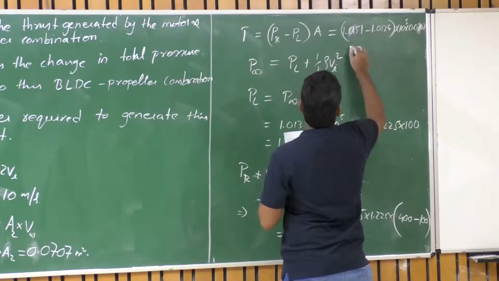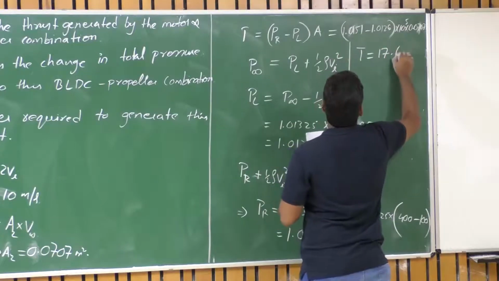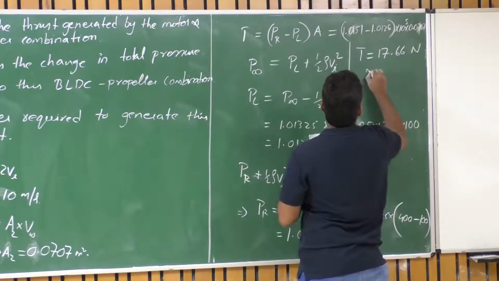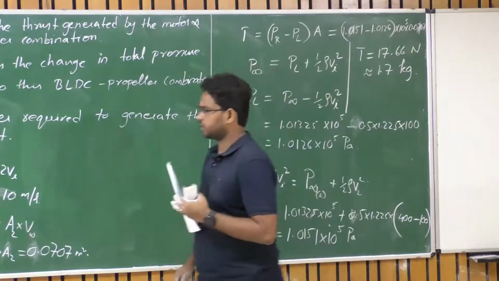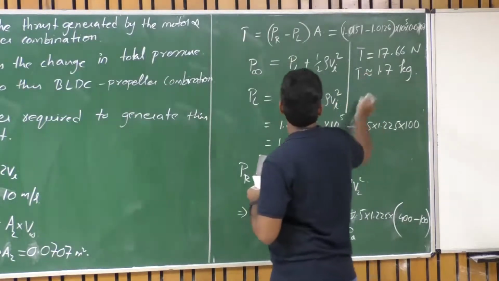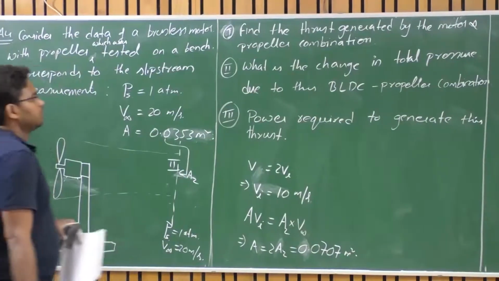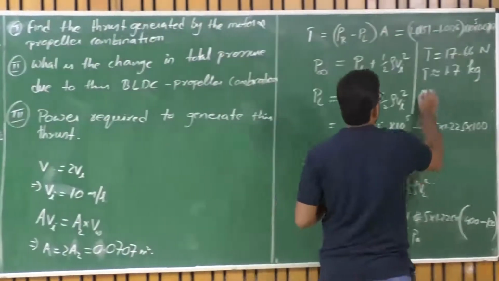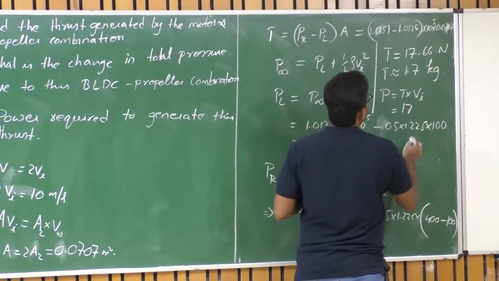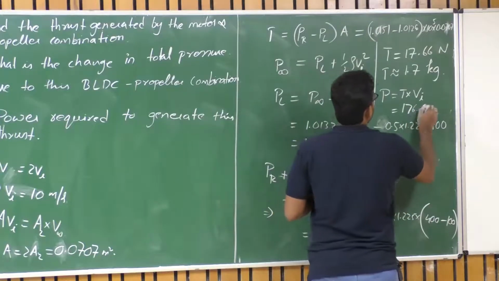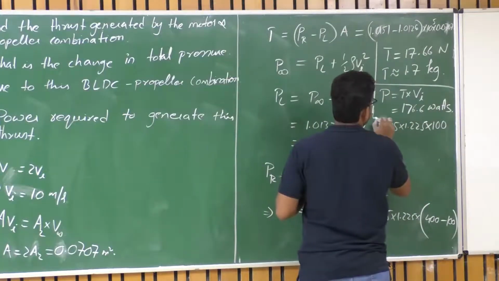So the thrust T is equals to 17.666 newtons, which is close to 1.7 kg. This is the thrust generated by this particular engine. And the corresponding power required is equals to thrust times the velocity, which is 176.6 watts. So this is the answer for the third question.